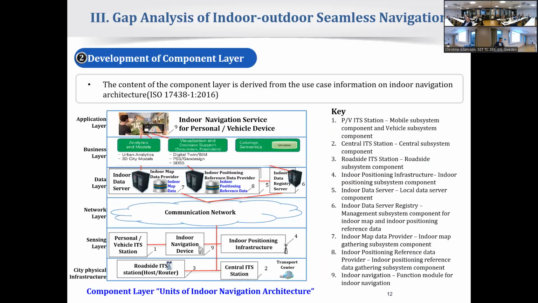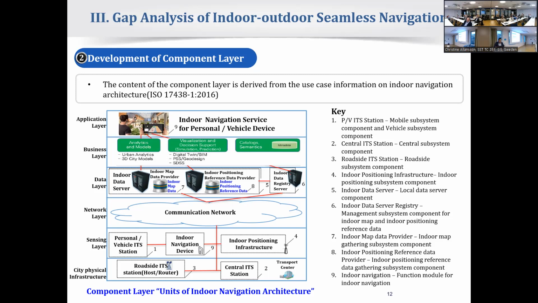So I take that, and if you look at the picture, there are several layers from city physical infrastructure to application layers. And in the standard, they identified units of indoor navigations. There are a whole bunch of components spread around all these layers.